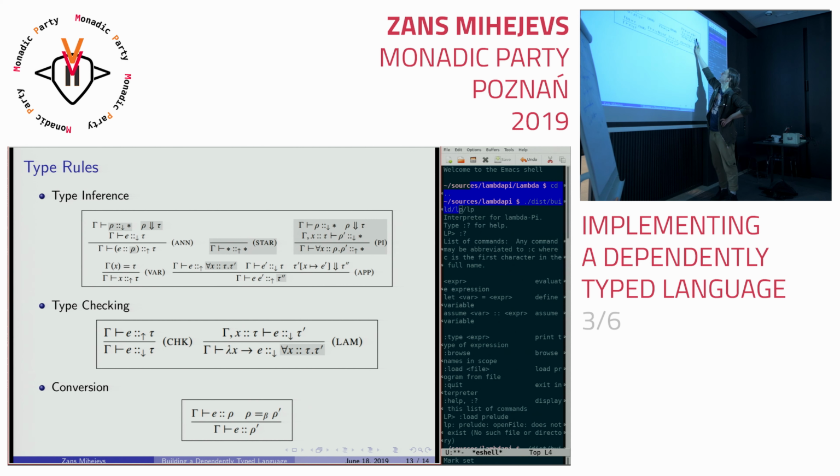So we're simplifying the input, and we are checking that a context extended with x of the evaluated type, within this context, we can derive that rho dash is a type, because this is the type signature. So it needs to take some type in and put some type out.